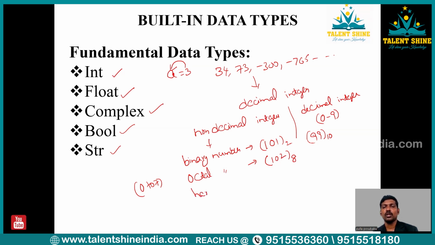Now, one more important one, hexadecimal numbers. For hexadecimal numbers, we have the suffix as 16, right? So what are the distinct digits we have?